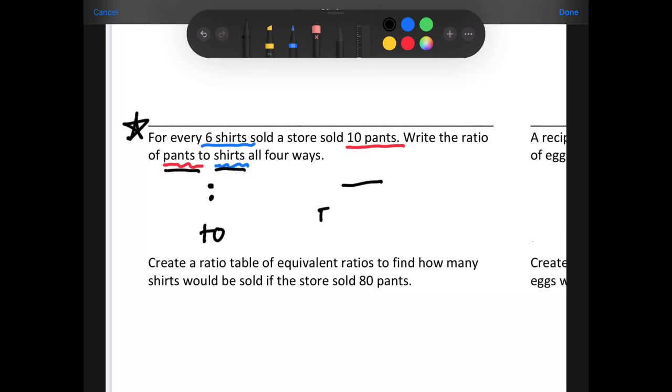So we want to write: for every 10 pants sold, because pants has to come first, 6 shirts were sold.